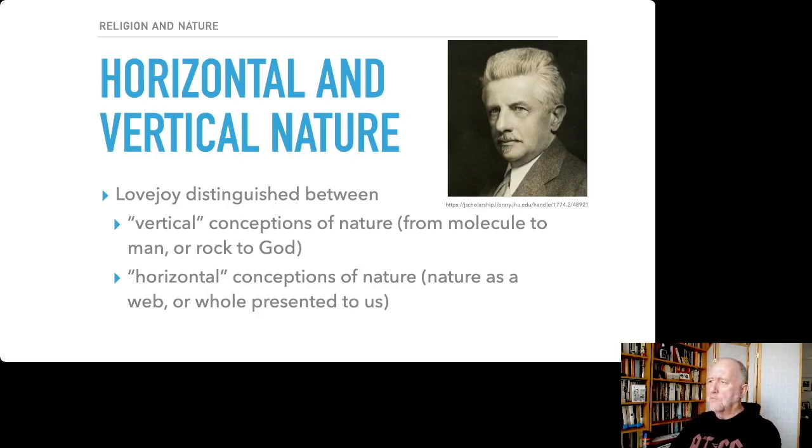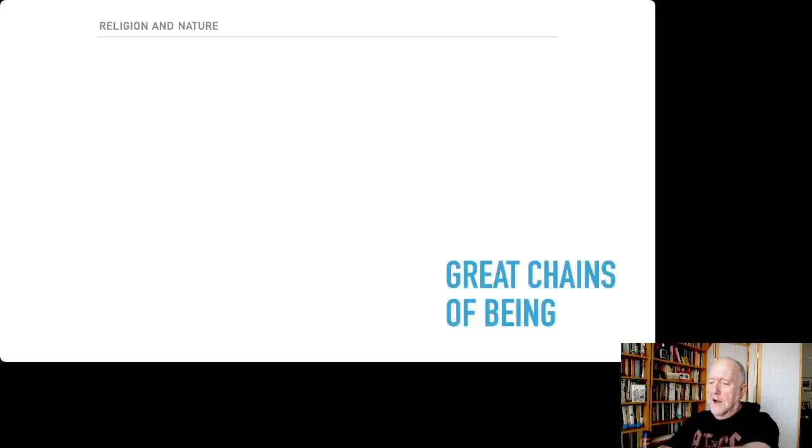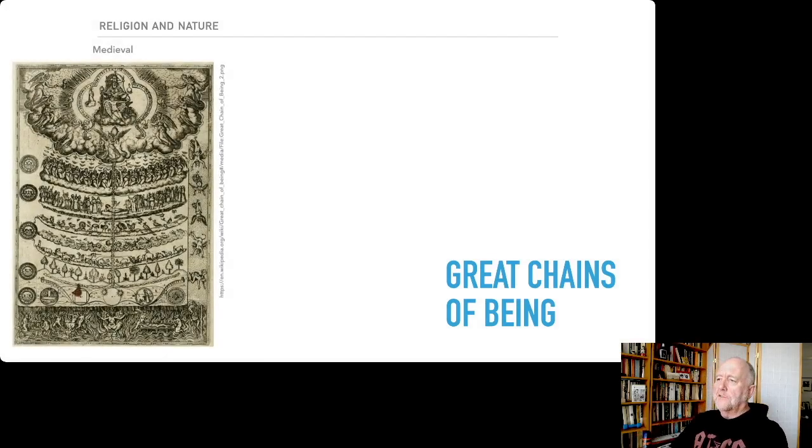Now, the great chain of being that Lovejoy talks about with the vertical conceptions, it started out, let's have a look at the image, it started out as, that diagram that I showed you in the last lecture, as an illustration of Aristotle's three-soul theory.